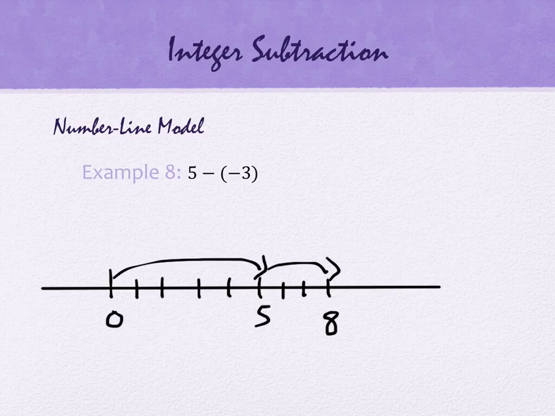The negative tells me that I'm going to turn around. That's the take-away negative. Then the other negative 3 tells me I'm going to walk backward 3. Here's 1, 2, 3. So one of the negatives tells me turn around. Write this down because you can't draw it very well.